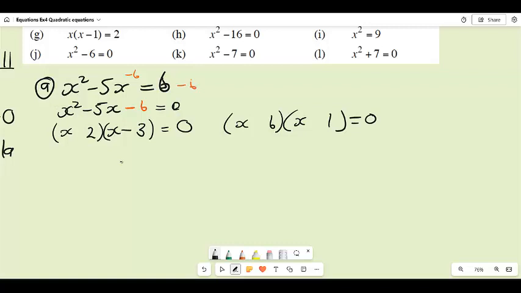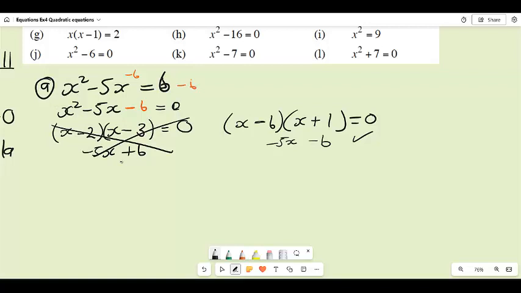So if I say minus 2 minus 3, I end up with plus 6, so this is not a valid option. I get minus 5x, but plus 6. That's wrong. So it has to be minus 6 plus 1 gives me minus 5x, and minus 6 times plus 1 gives me minus 6. This is the correct answer.